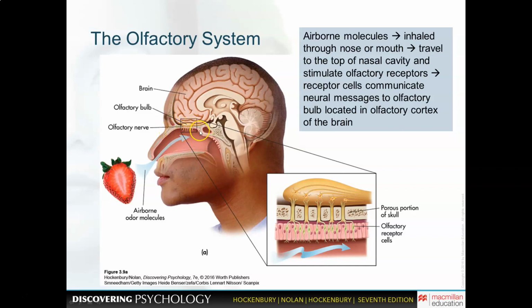Now, if you look at this a little closer, this is a close-up view. This goes directly up into the part of the brain where we're able to actually smell very quickly. And so that's called the olfactory nerve right here. Okay, right up in here.